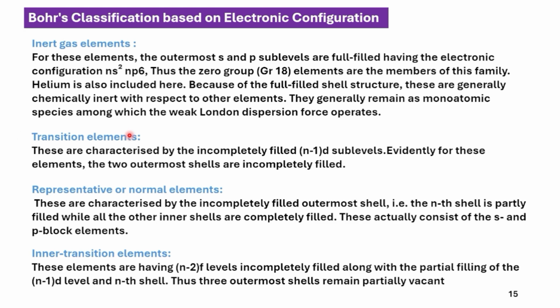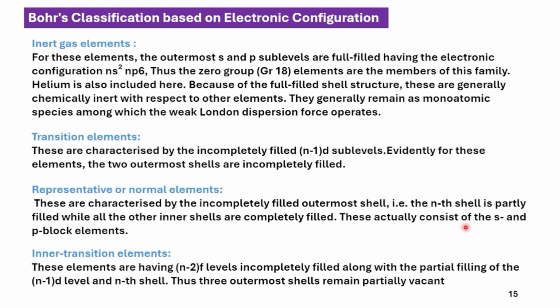Now if you see the transition elements, these are characterized by the incompletely filled (n-1)d sublevels. Evidently, for these elements, the two outermost shells are incompletely filled. Now next one is the representative or normal elements. These are characterized by the incompletely filled outermost shell, that is the nth shell is partially filled, while all the other inner shells are completely filled.